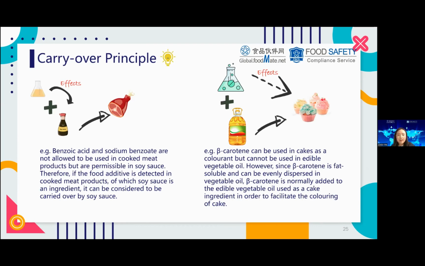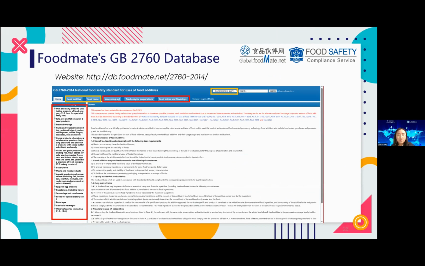This is the homepage of the GB2760 database. And here we can see the different food categories and the general principles. We can also click the buttons above to see the information on each page.